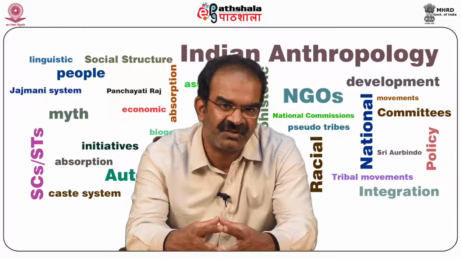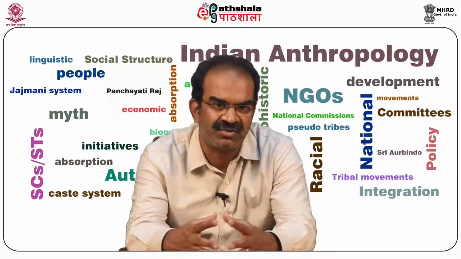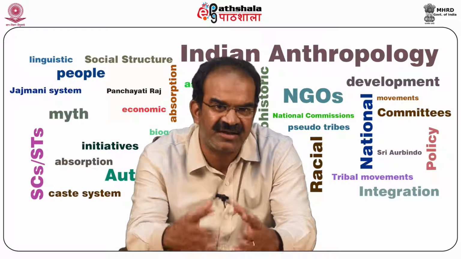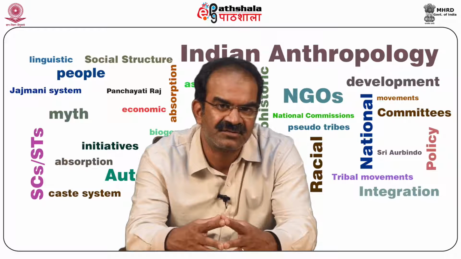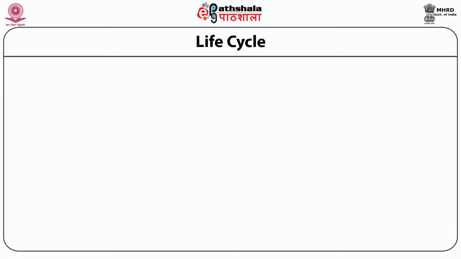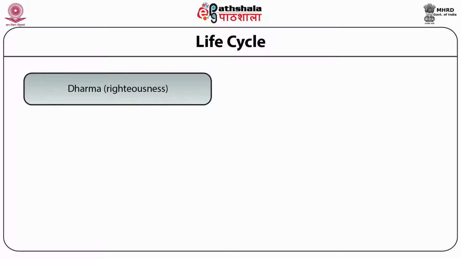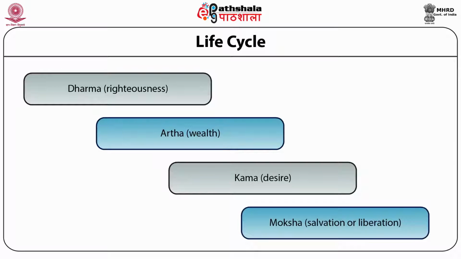This has a base in the ancient Hindu model, that an individual has to necessarily follow certain guiding principles in his life cycle, which are based on the Vedic understanding. The four principles that one has to conduct his life cycle by are dharma, artha, kama, and moksha.